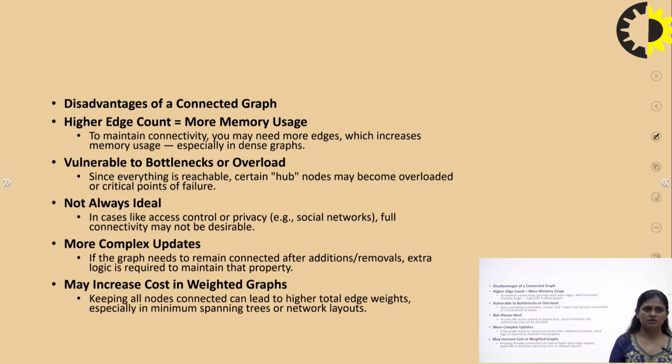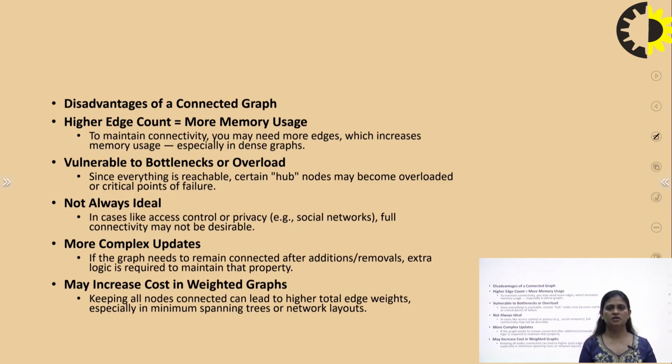Second one is vulnerability to bottleneck or overhead. Since everything is reachable, certain hub nodes may become overloaded or a crucial point of failure. Next is that it is not always ideal.